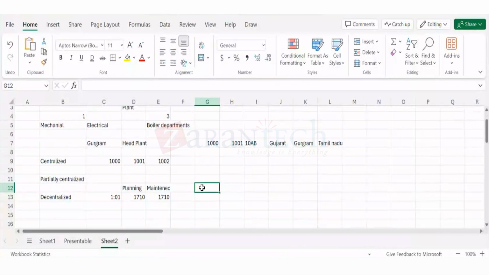Suppose, in a very simple example, some PL has given a work to you. He has not defined any parameters. You have completed that work. That is okay, the work is submitted. But what happens if a problem arises? Suppose MS Word is not working. What will you do? You will simply go to your technical team.